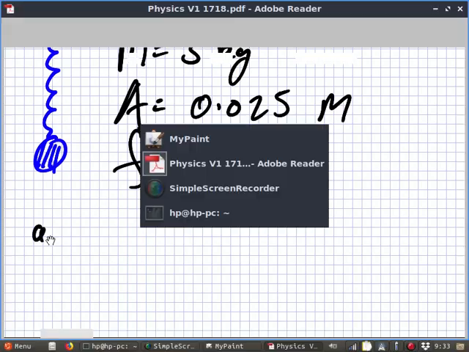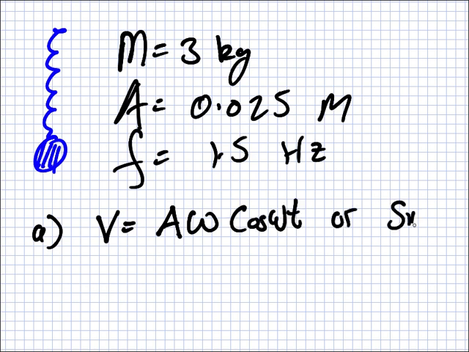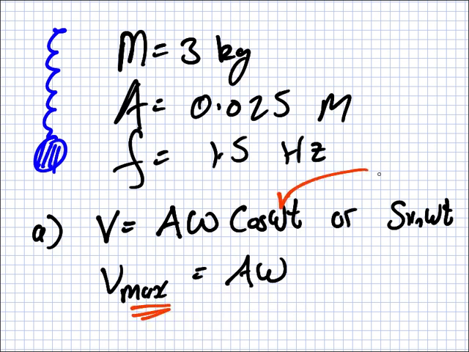So you have this formula: V equals A omega cos omega t or sine omega t. But that's not really important because you're looking for V max, and V max is just A omega, because for the maximum, both of these are 1.